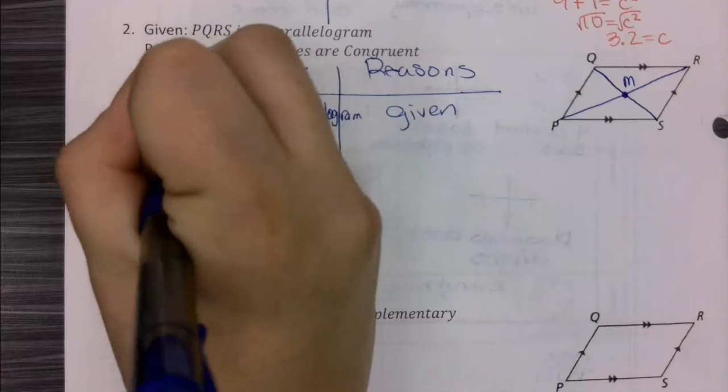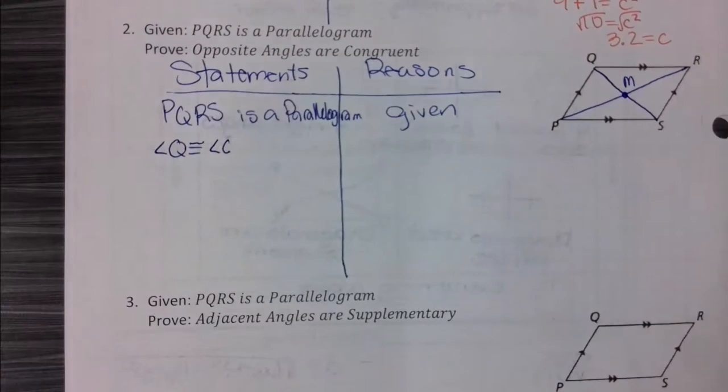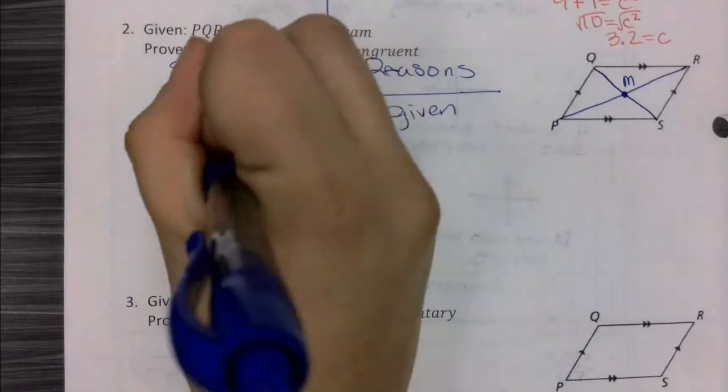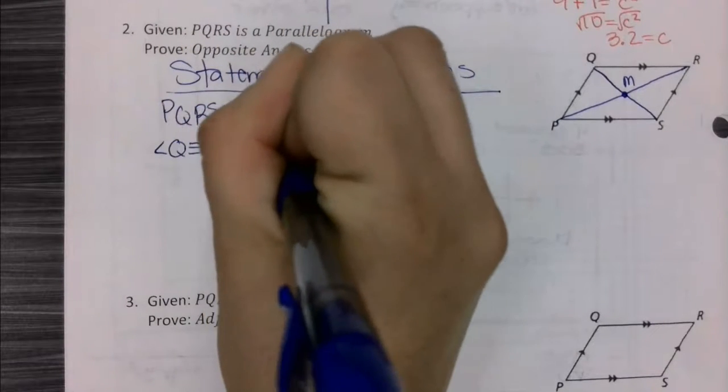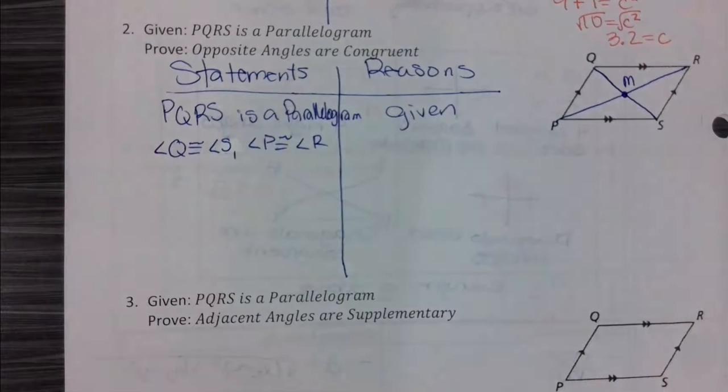angle Q is congruent to angle S. That's not an S. And angle P is congruent to angle R. No, not congruent, equal.